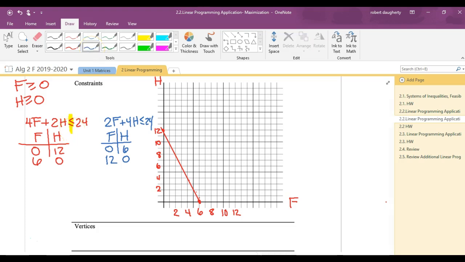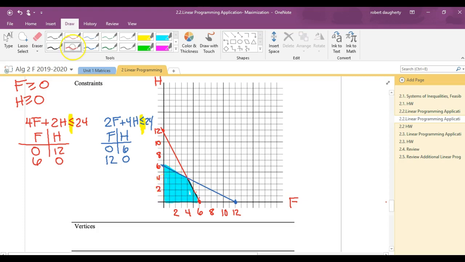And let's look at the blue one, 0, 6 and 12, 0. Right here, if I connect those two dots, I also need to shade below that line. Shading below both of those lines gives me a feasible region that looks like this.